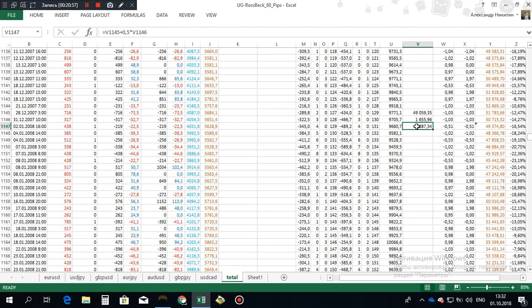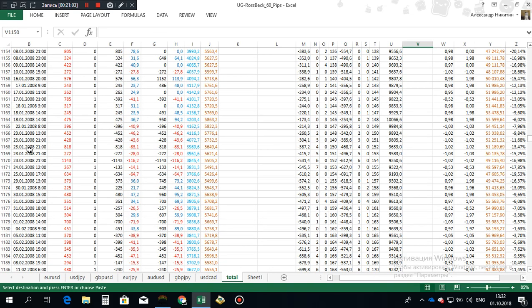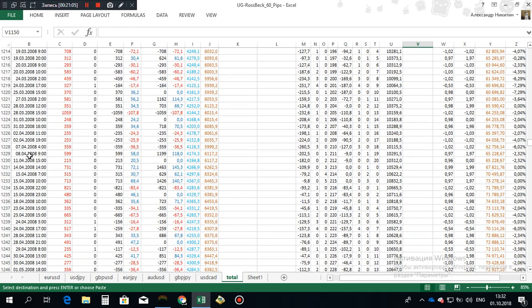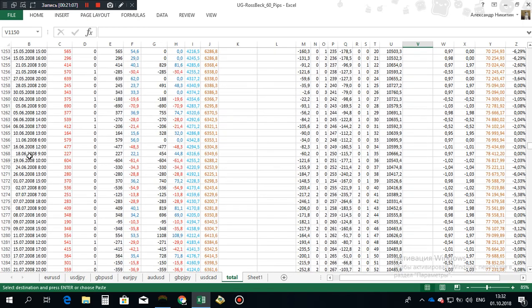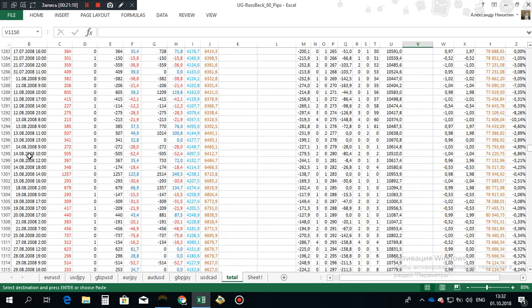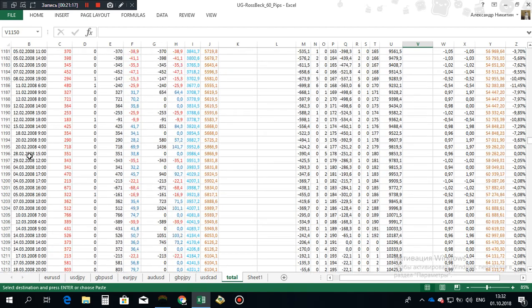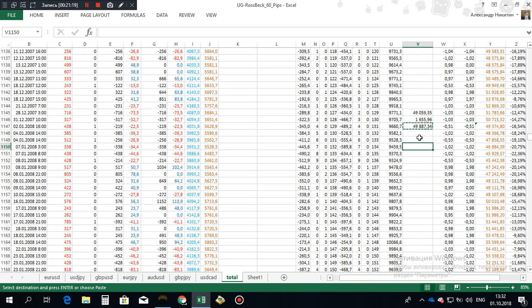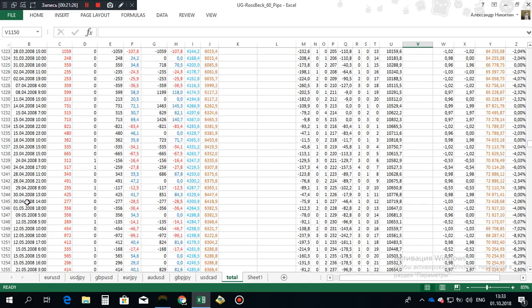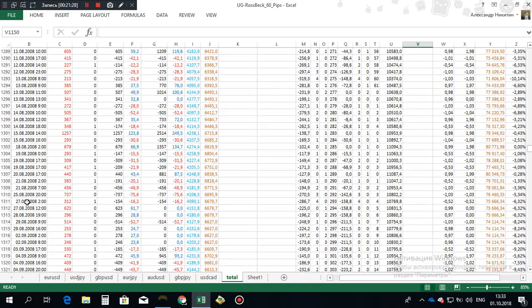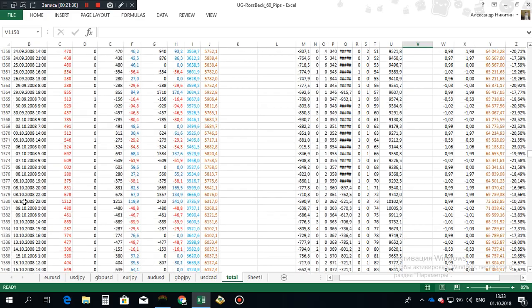I'll just copy this, Control C, and then we go to 2009. 2008 is finished. 2009. No, I shouldn't copy that. Okay, otherwise it won't be recalculated when we change our account. So let's go to 2009.